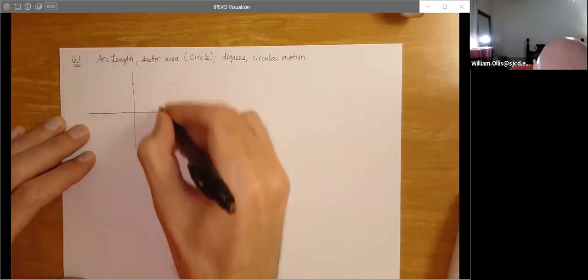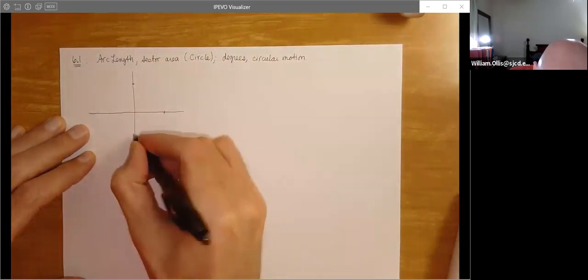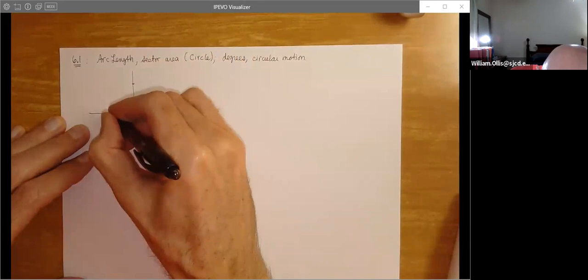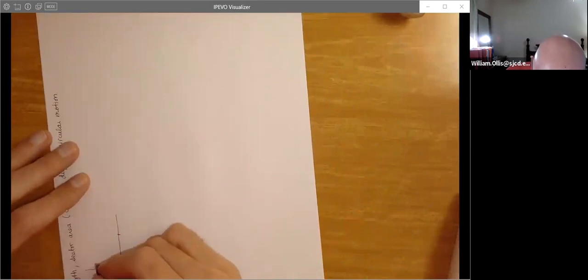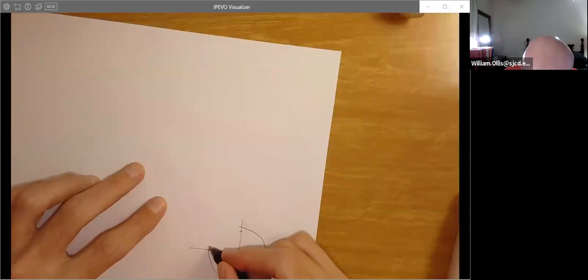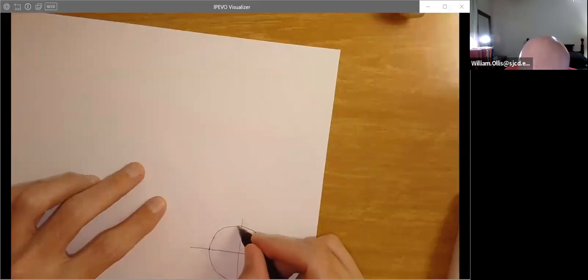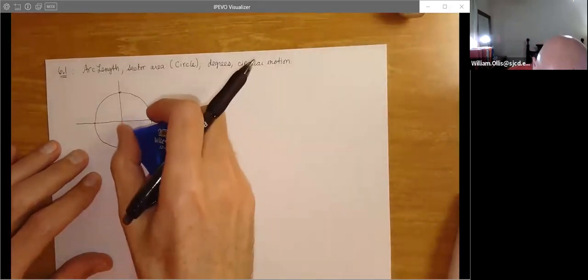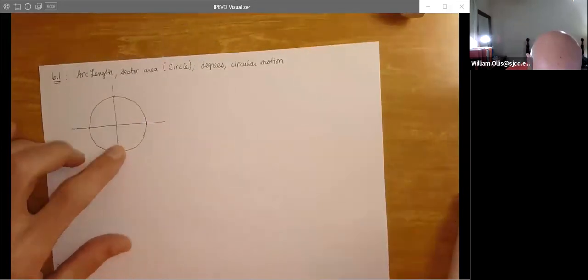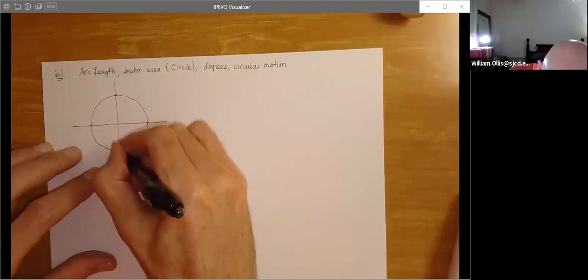Go ahead and draw a unit circle. So here's our unit circle. Of course, I'm not following all of the tick marks here. So that'll work. Not Rembrandt, but it never will be.